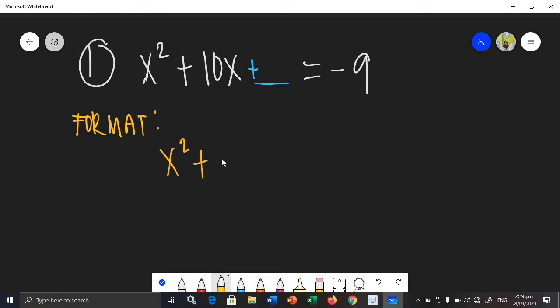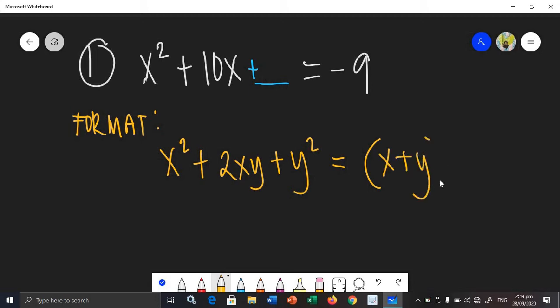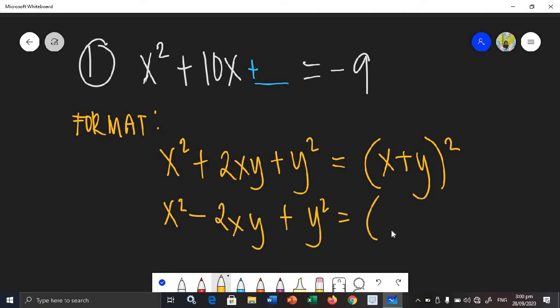X squared plus 2xy plus y squared equals quantity x plus y squared. Ganyan. Tapos, x squared minus 2xy plus y squared equals quantity x minus y squared.